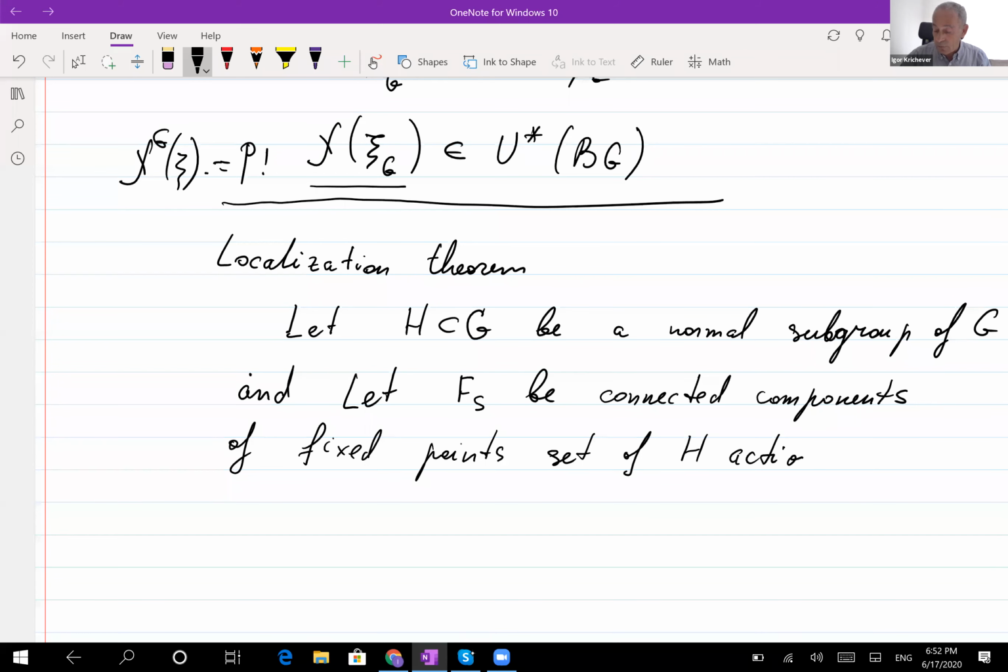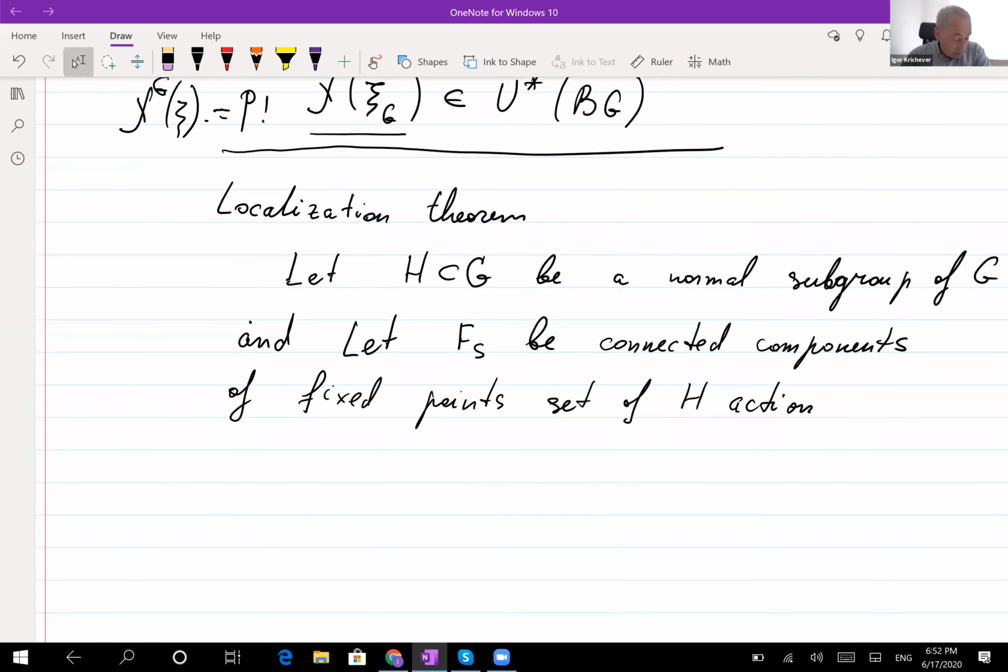So we're taking not the fixed points of G itself, but picking any normal subgroup. We can take fixed points of H actually, because it's normal, they are invariant under the action of G. Also, they are not fixed by G.